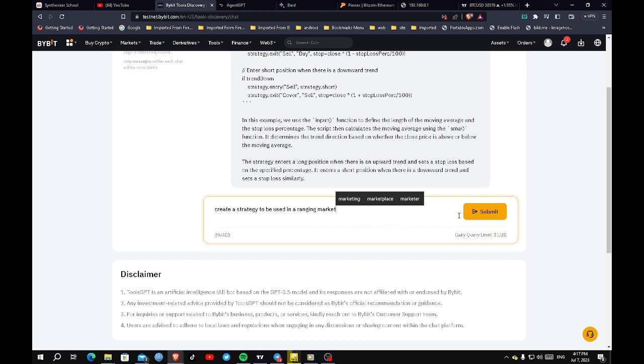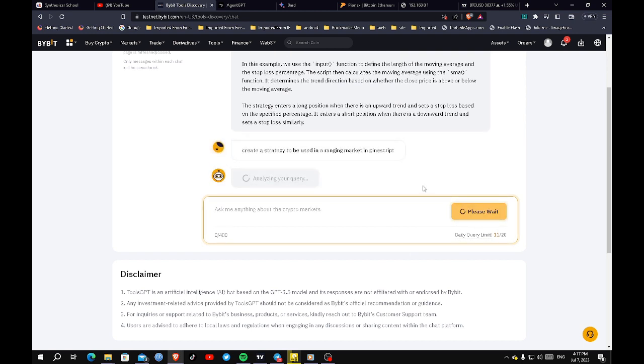It's a strategy to be used in a ranging market in Pine script.